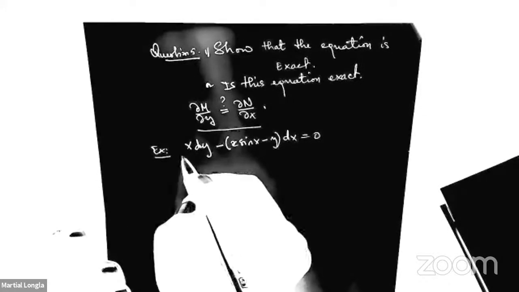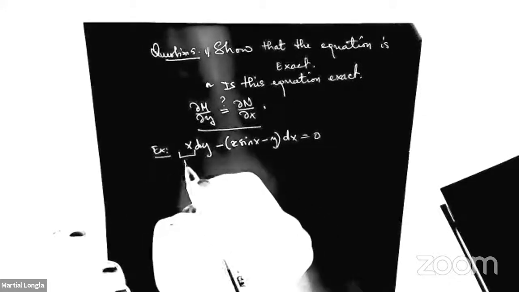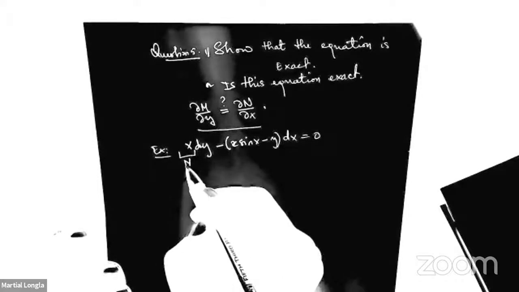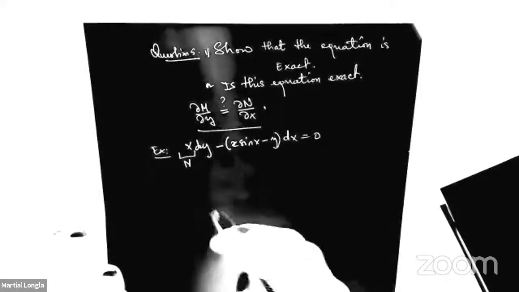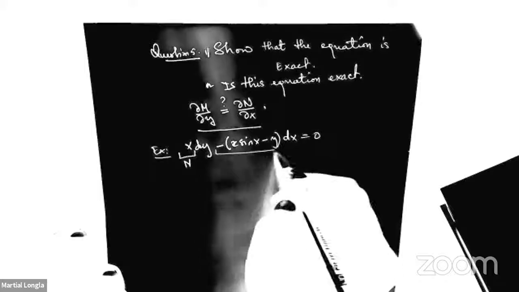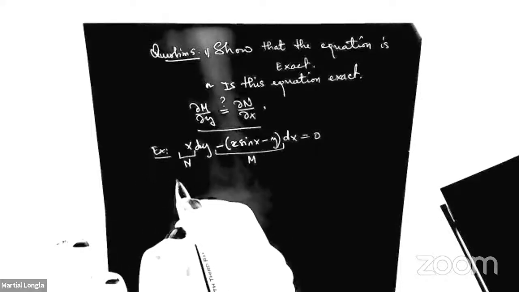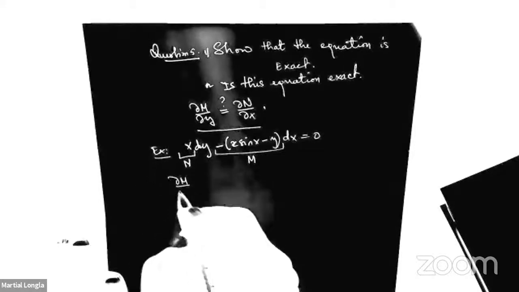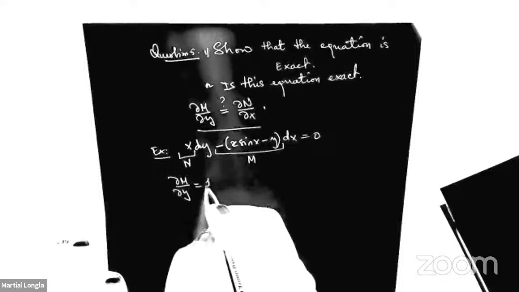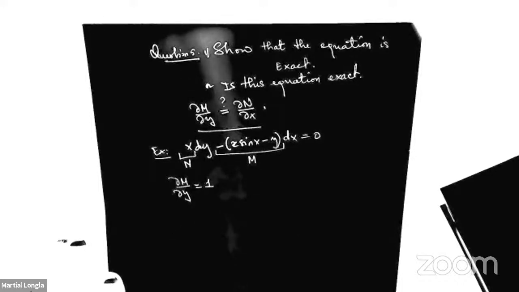And so this is actually N, because that's what is in front of dy, and the whole thing here is M, in front of dx. And then dM over dy equals 1, right? You see that?